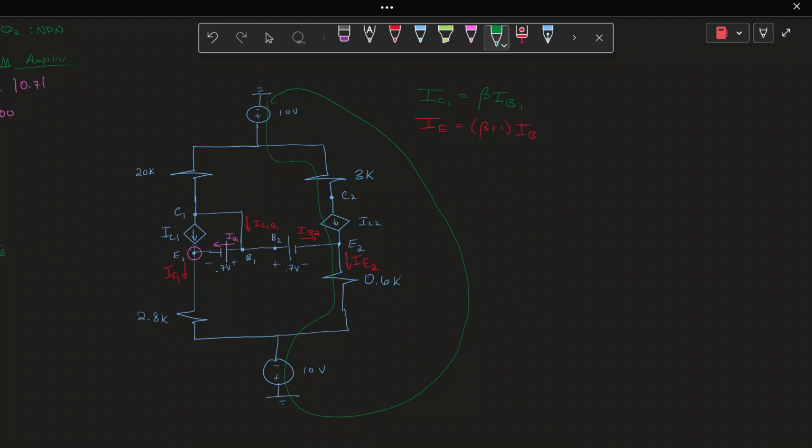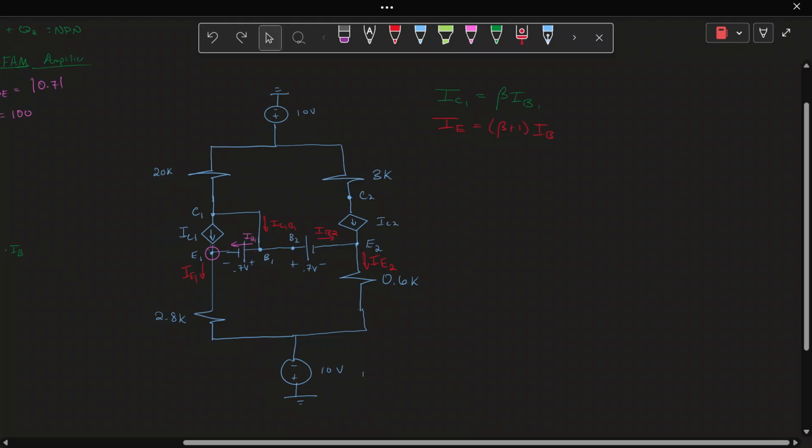We can't do that, really, because that would tell us that we need to find the voltage across this dependent current source. We do not want to deal with the voltages across current sources. So we're going to take advantage of the fact that we have this feedback loop here, the base collector feedback loop.